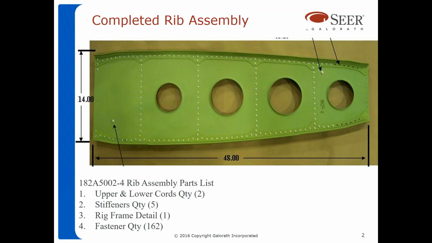With me today, I have my colleague Keith Garland, who's going to walk through what we're going to demonstrate today, which is the process of estimating an assembly. The example on the screen is a small rib assembly, and what we're going to go through is the process of fit up, drill, and fasten using the Aero plugin within CR4 Manufacturing for Aero fit up, Aero drill, and Aero fasten.